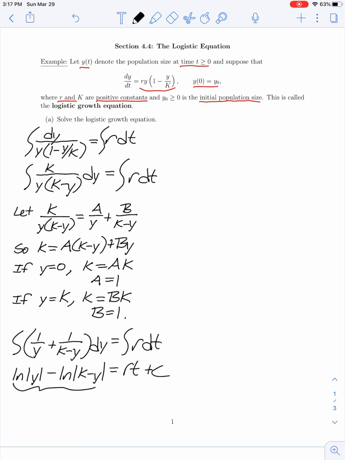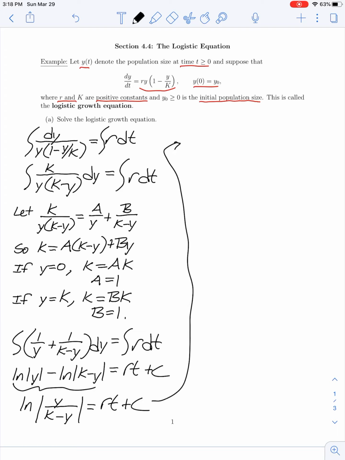The way that I can go about doing this would be first to combine the two natural logarithm terms that I have on my left-hand side. Now recall that the difference of two logarithms with the same base is the same as log of the ratio of these quantities, y over k minus y. This is equal to rt plus C.